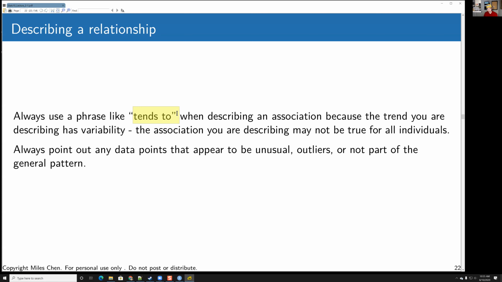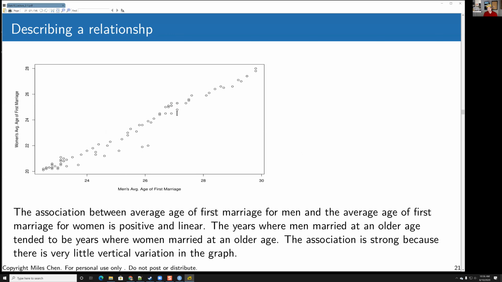The association that we describe is not going to necessarily be true for all individuals, right? So here we can say, in years where the average age of men's first marriage was high, those tended to be years where the average age of women's first marriage was also high, and things like that.